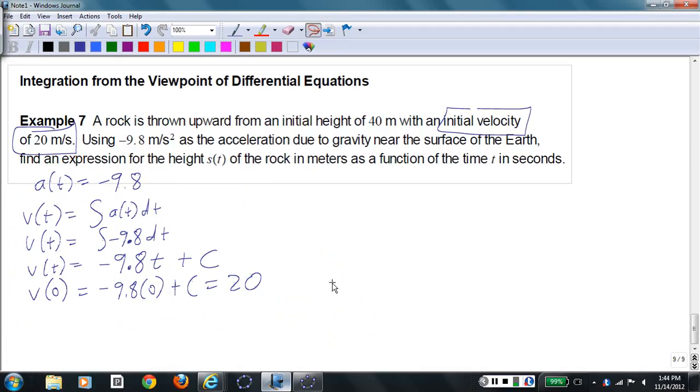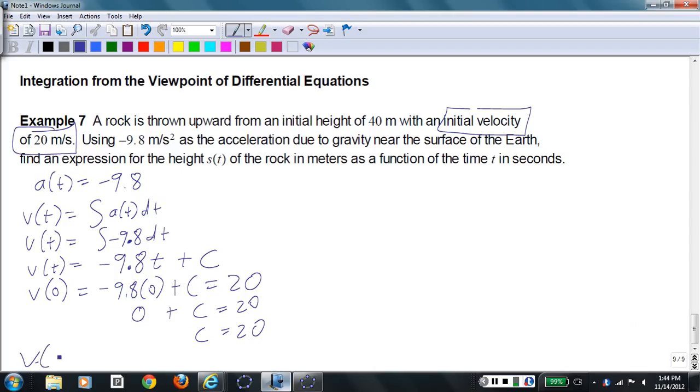That's enough information to solve for c. Basically, 0 plus c equals 20, so c equals 20 meters per second. So finish up the velocity function by saying that with the given initial condition, v of t is negative 9.8 t plus 20, where v of t expresses the velocity in meters per second.